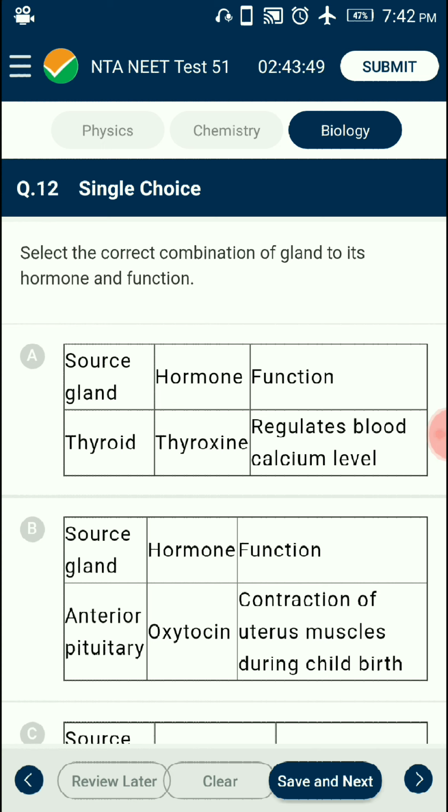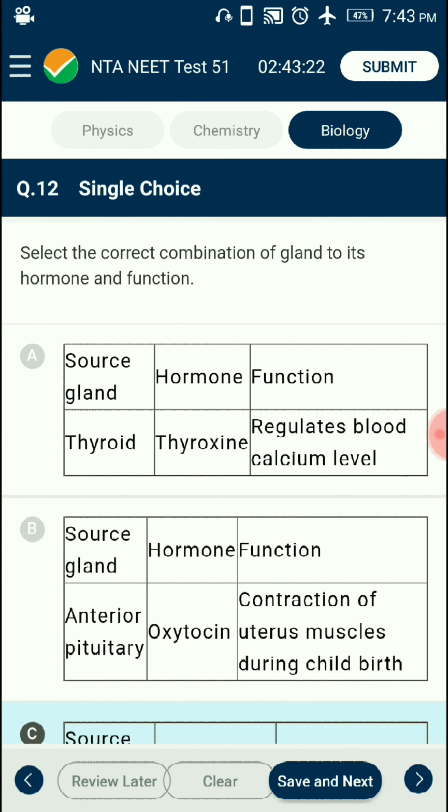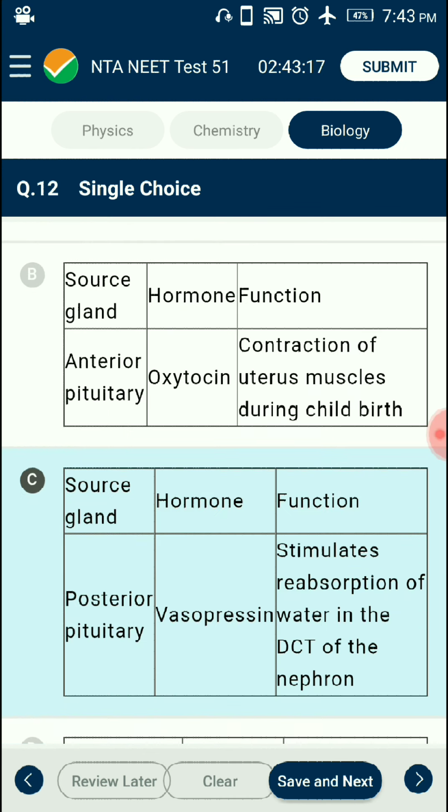Corpus luteum produces a small amount of estrogen but a large amount of progesterone, which supports a pregnancy. So the correctly matching option is option C. The source gland is the posterior pituitary. The name of the hormone is vasopressin. Function: stimulates reabsorption of water in the distal convoluted tubule of the nephron. That is the correct combination of gland to its hormone and function.